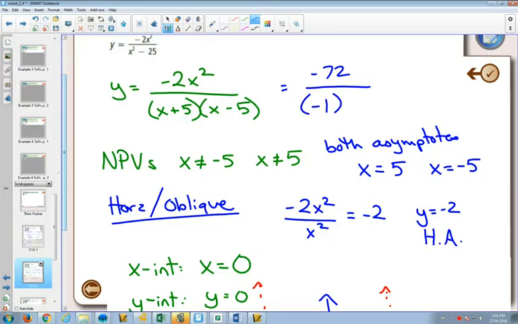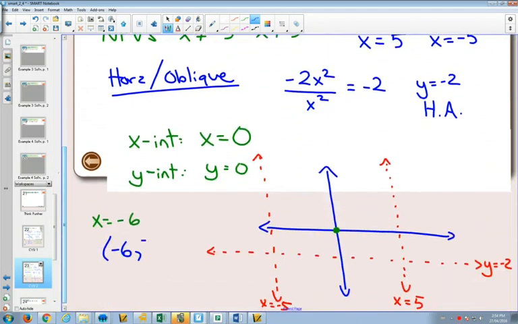And here I'll have -11. Which will give me -72 over 11. Not a really nice number, but as far as an estimate goes, we can say that that's going to be down there.